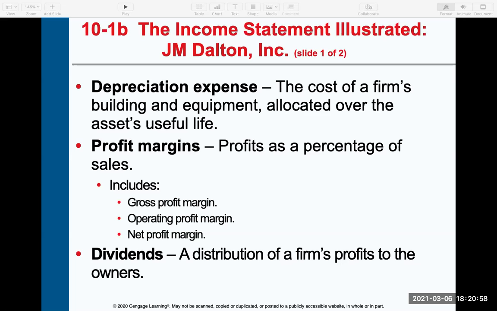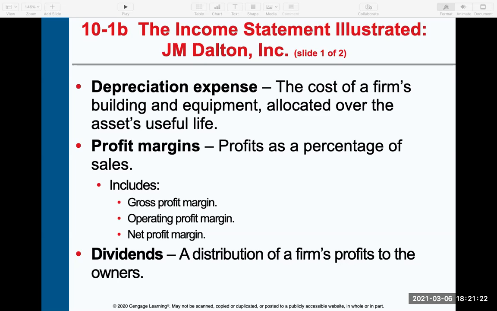Now, the next item in verbiage you need to be aware of is the profit margin, which I talked about when we were talking about the income statement earlier. It's the profits as a percentage of sales. So it gives you a little bit more insight into the room that we have to either decrease expenses and increase profitability. This includes, as you saw in the statement, gross profit margin, operating profit margin, and net profit margin.